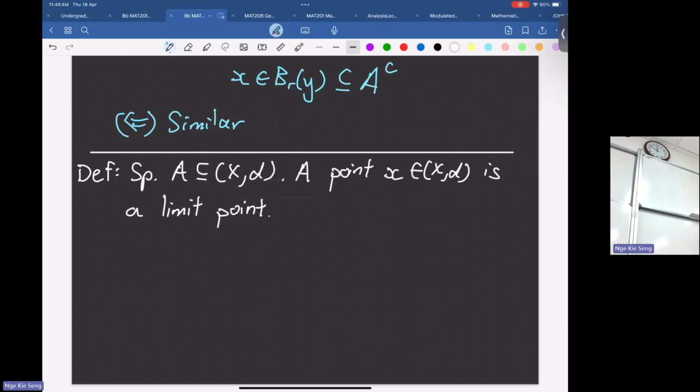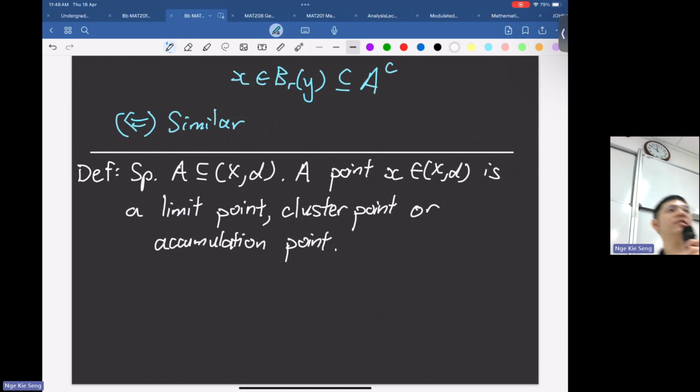Or in some literature, you will see it as a cluster point, or sometimes they call it an accumulation point. You can see that these words somehow hint at what this point is doing. There's a cluster formed around it. There are points accumulating around it. And it is a limit of some points.